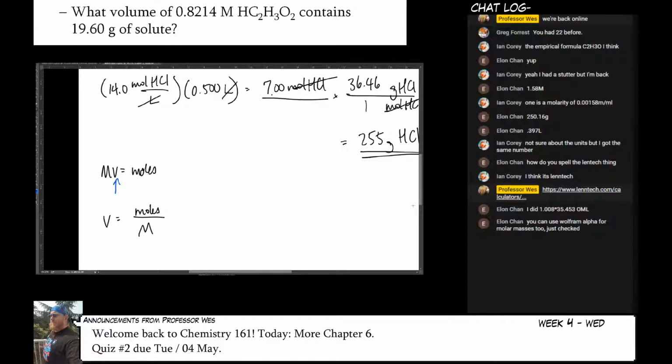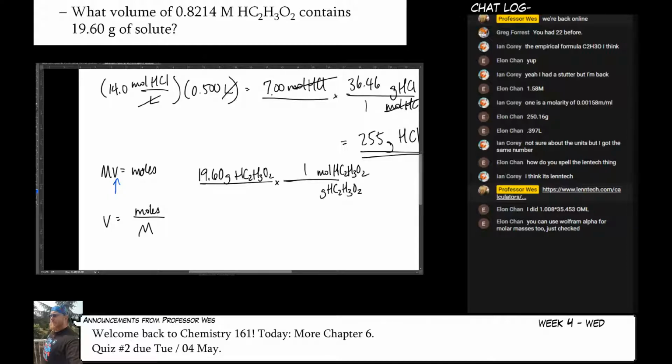Well, if I know how many grams of vinegar I have, that formula right there, by the way, is acetic acid or vinegar, HC2H3O2.